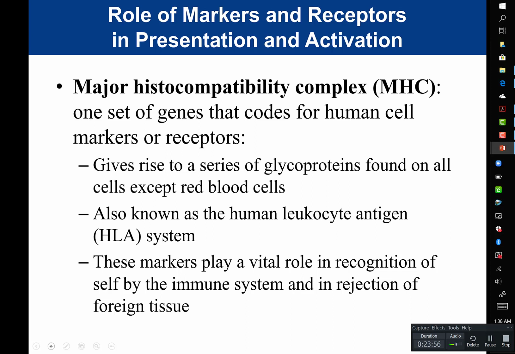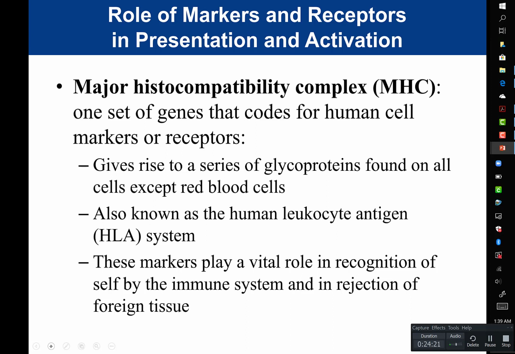So every cell in your body except red blood cells have these MHC molecules. And they're also known as the human leukocyte antigen, the HLA system. These markers play a vital role in recognition of self by the immune system and in rejection of foreign tissue.